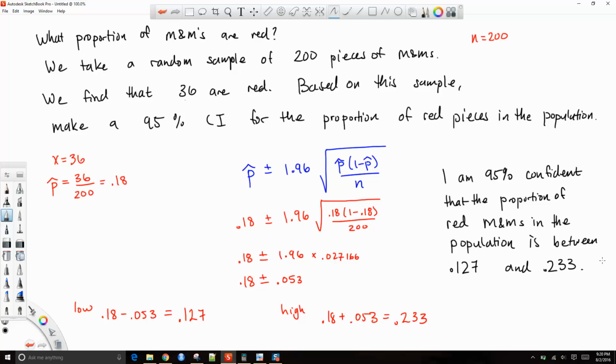So I'm 95% confident that the proportion of red M&Ms in the population is between 0.127 and 0.233.